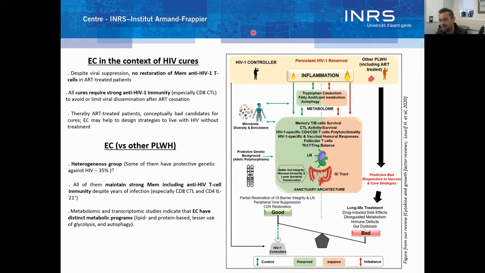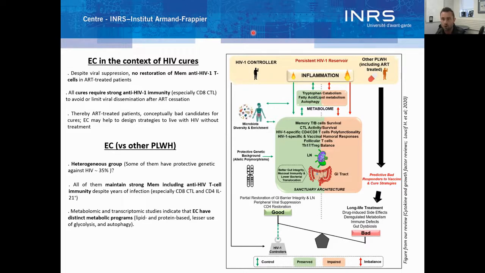Despite the fact that it's a really heterogeneous group, and some of them, around 35%, have genetic advantages, all of them maintain a very strong anti-HIV immunity despite years of infection and persistent HIV-induced inflammation. This is particularly about the polyfunctional cells, the CTL activity and the production of IL-21, which, the more time goes on, the more we find is a very important cytokine.